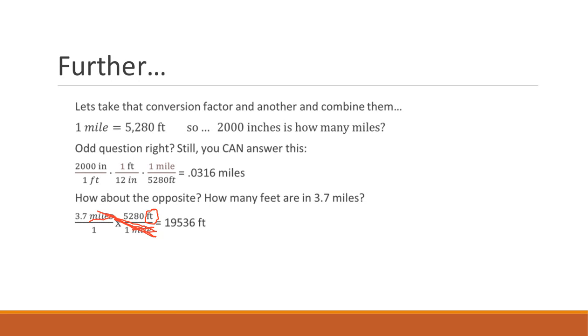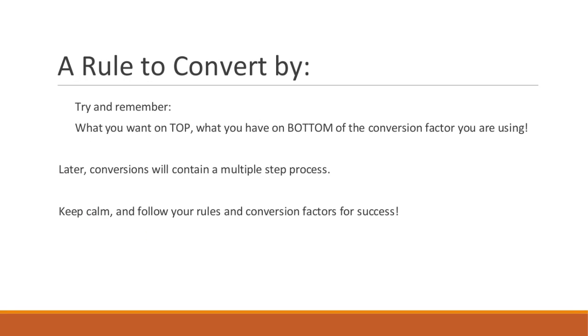So what more can we do with this? Or actually, let me solidify this rule for you. I've been crossing out the units that we're leaving behind in favor of circling the units that we're getting. And I want you to try and remember, when you're converting, what you want, for the conversion factor that you're using, is pretty much always going to be on top. There's a few scenarios where you might be starting with a conversion factor where what you have is in the denominator, and so this is going to switch.